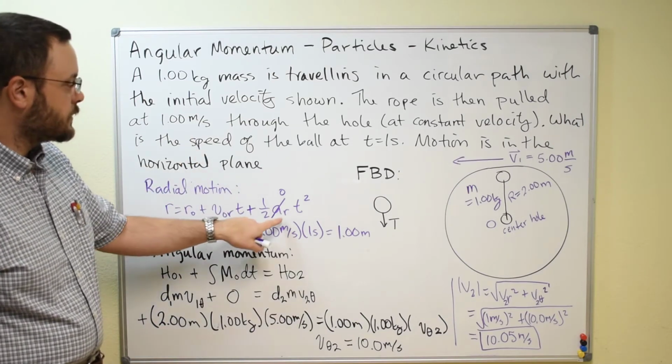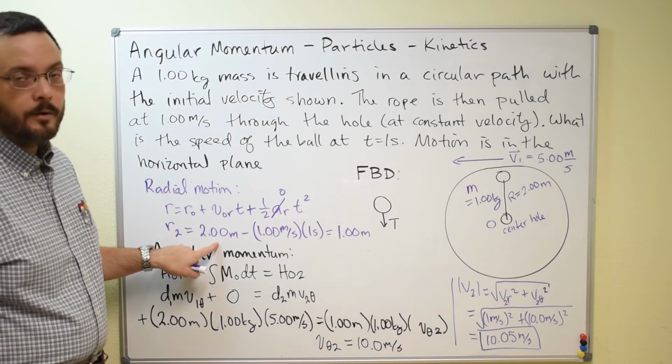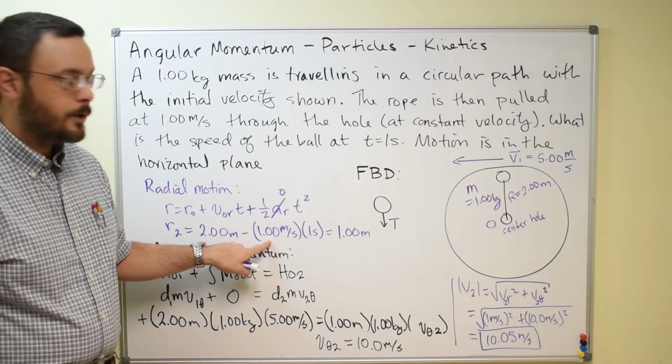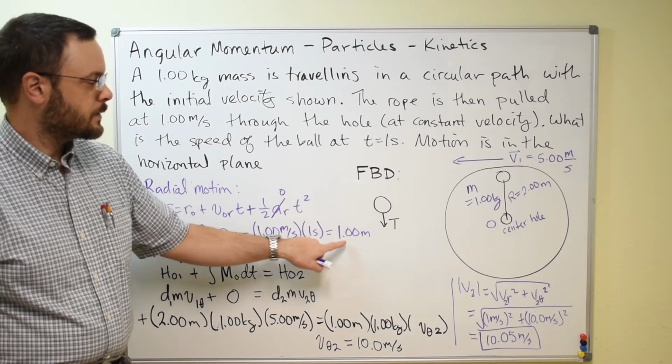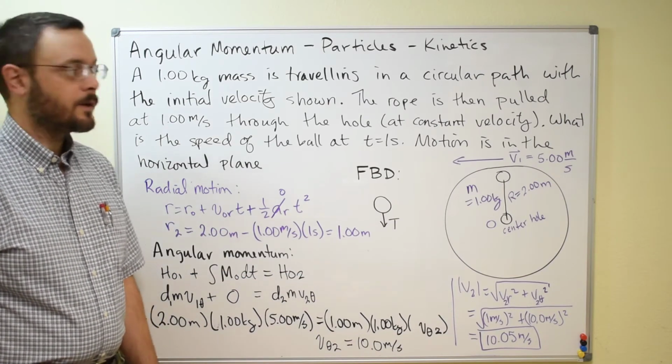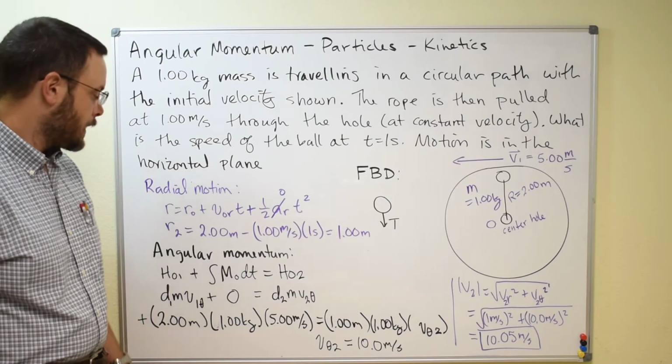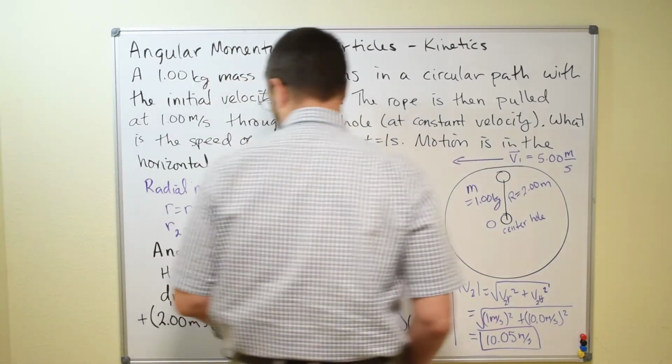So we'll plug in the 0 for a_r, and then the radius would then be 2 meters minus the 1 meter per second radial velocity times the 1 second, which would say that after that 1 second we're at a radius of 1 meter.